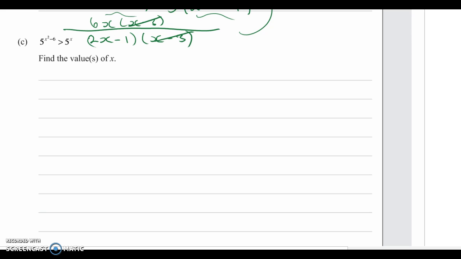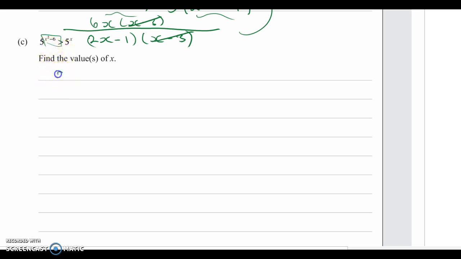Next one. 5 to the power of x squared minus 6 is greater than 5 to the power of x. So if I've got 5 to the power of something and 5 to the power of something, if this side is larger than this side, then this x squared minus 6 must be larger than the x, because it's making this power larger.